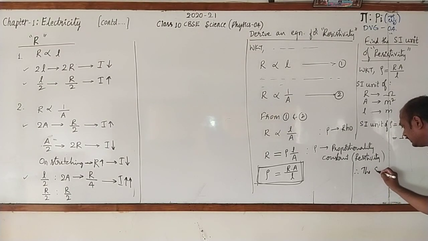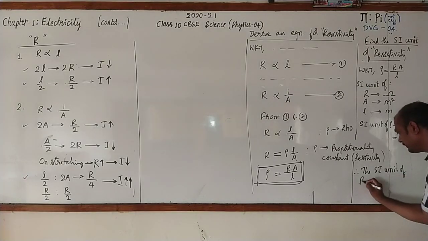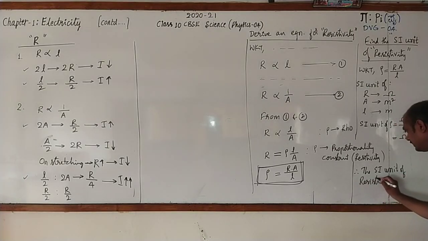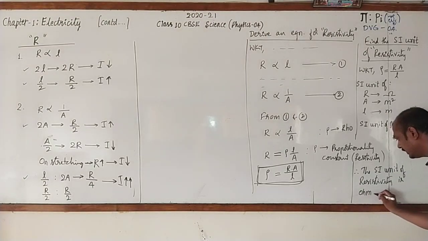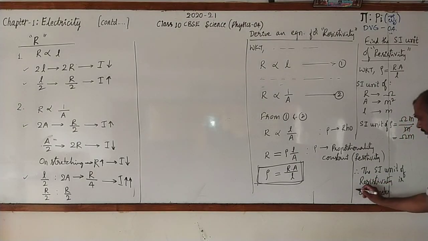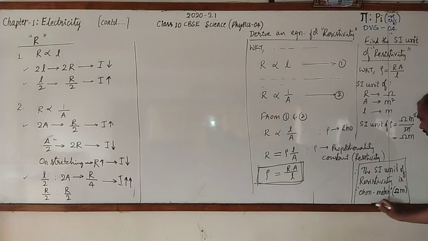Therefore, the SI unit of resistivity is ohm meter. All these letters should be in small letters. Then symbolically it can be written as omega m. Very important one. Please don't forget.